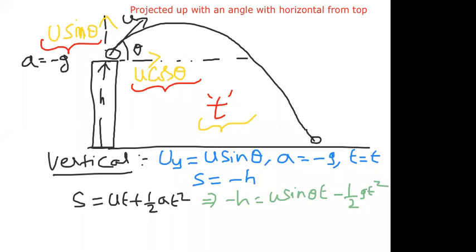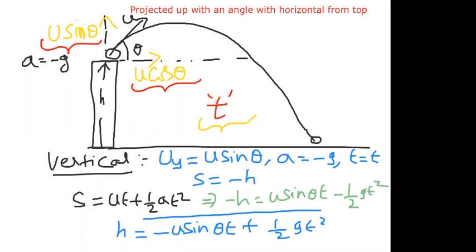So I can simply write h is equal to minus u sin theta into t plus half gt square. Like that, I can give the information related to the tower height in the situation of a body projected up with an angle with the horizontal from the top.